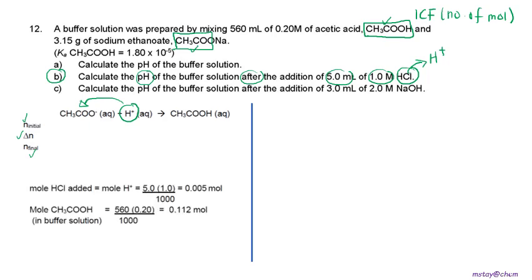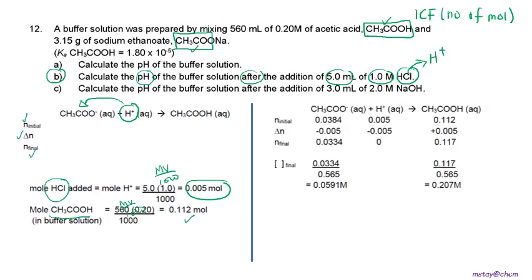So for the amount of the HCl added, we are going to use the formula mv over 1000. When we use mv over 1000, we get the number of mole for the acid added is 0.005 mole. For the number of mole of the buffer solution, we use the formula mv over 1000 as well, and then we get 0.112.